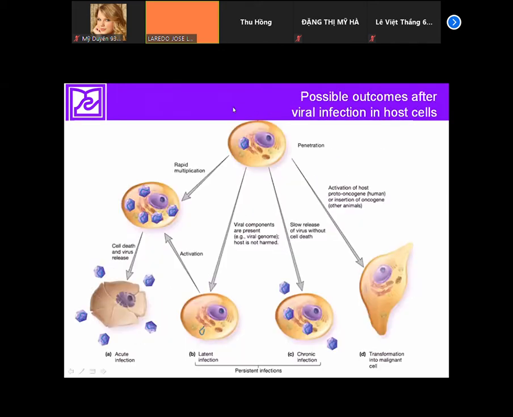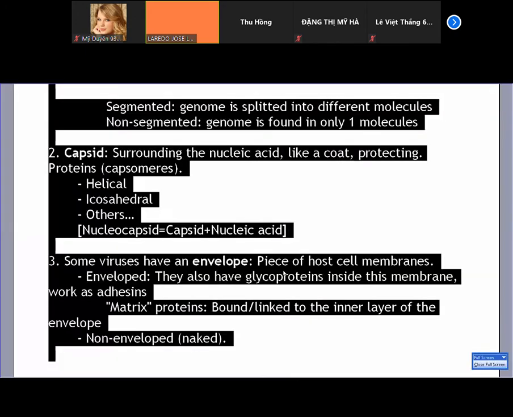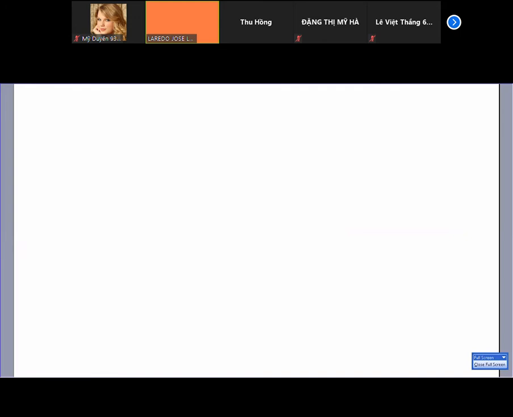And now something very important. I'm going to try to explain in the whiteboard. So what happens when the virion infects the host cell? What are the outcomes after the host cell is infected?